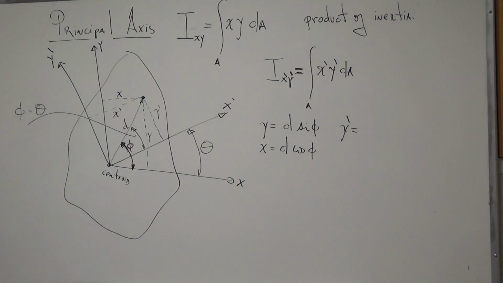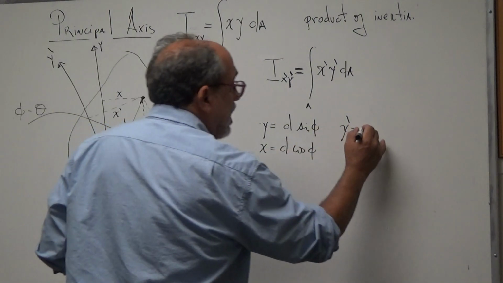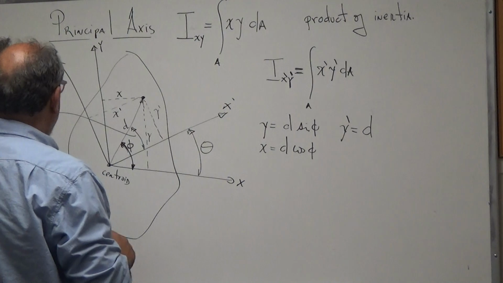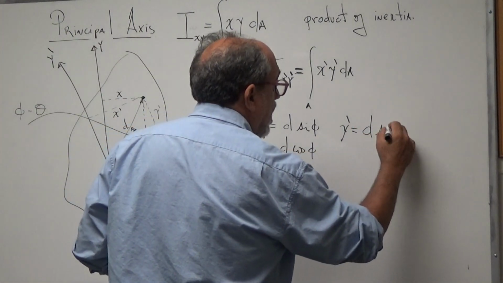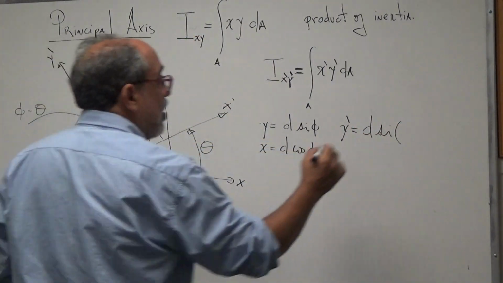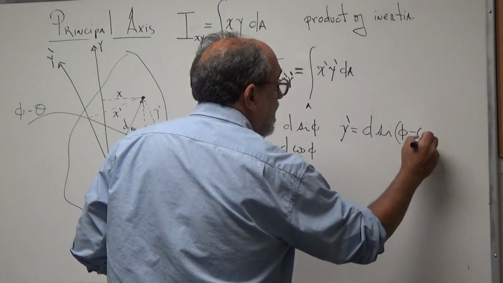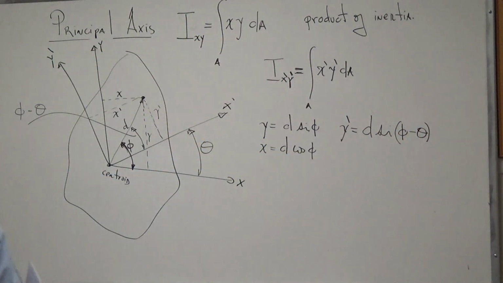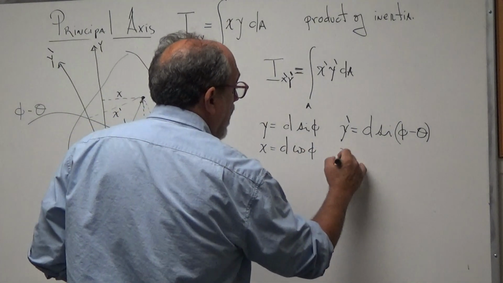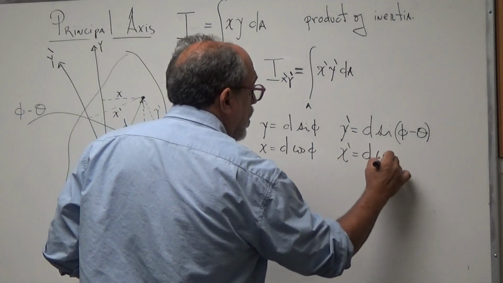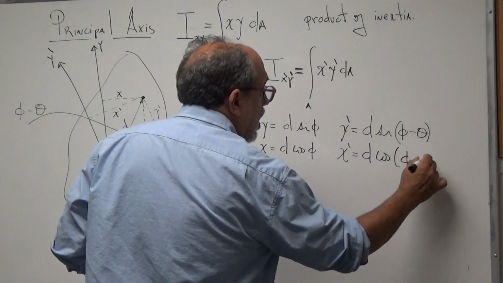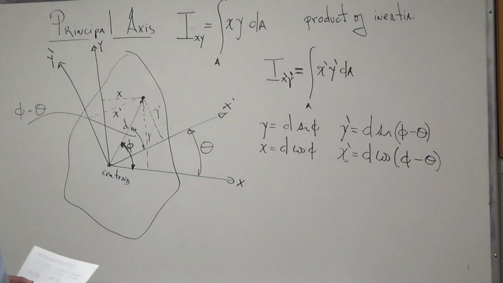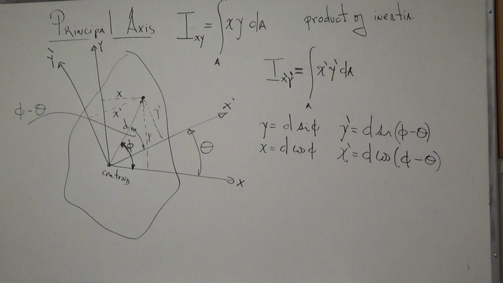So you can see that y prime is equal to d times the sine of phi minus theta. And likewise, x prime is equal to d times the cosine of phi minus theta. Okay?